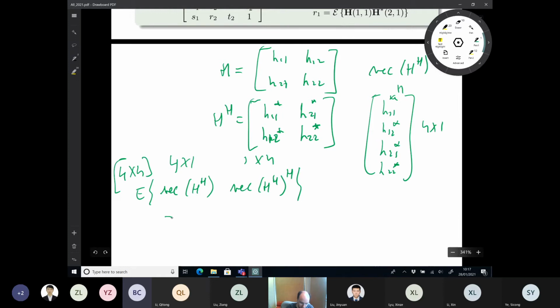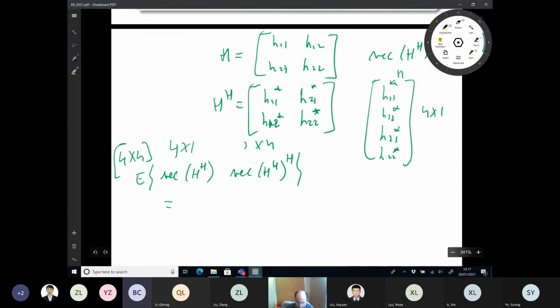The first entry will be the expectation of H11 conjugate multiplied by H11. This will be the expectation of the magnitude of H11 squared. We know this is equal to 1. That's the energy of the first channel gain.